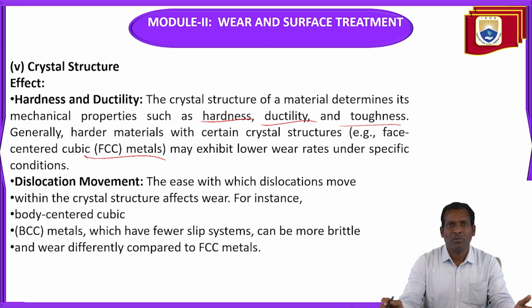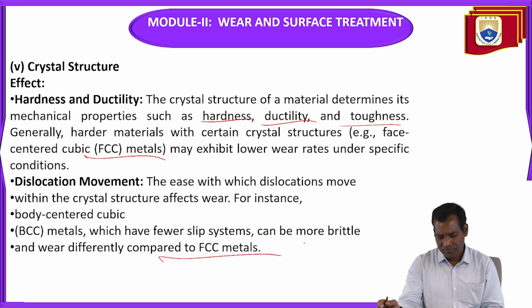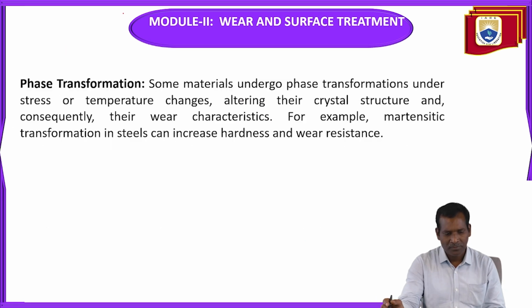Dislocation movement: the ease with which dislocations move within a crystal structure affects wear. For instance, body-centered cubic metals, which have fewer slip systems, can be more brittle and wear differently compared to FCC metals. That is the crystal structure.